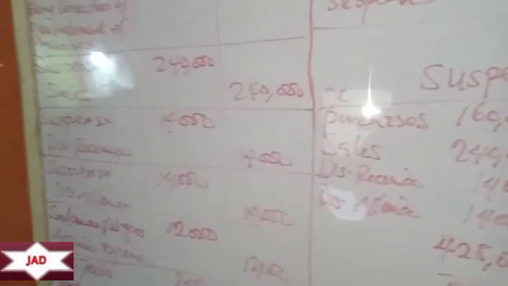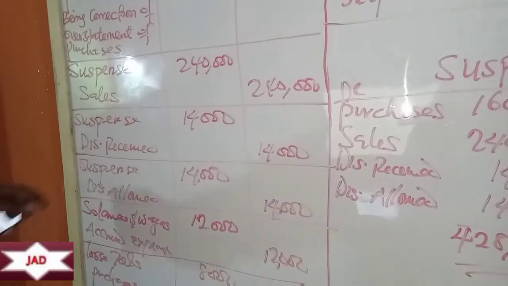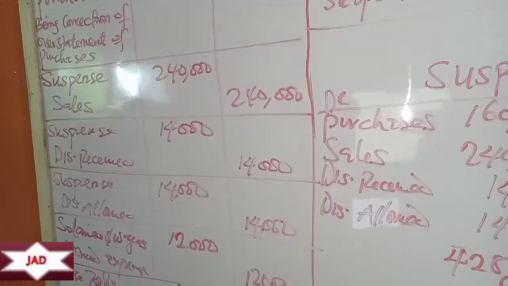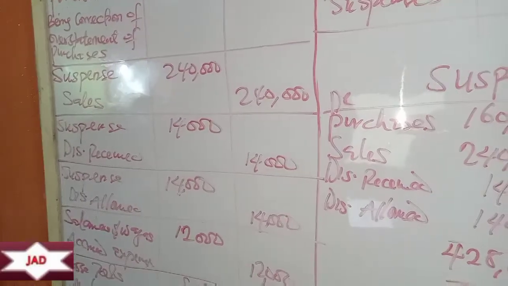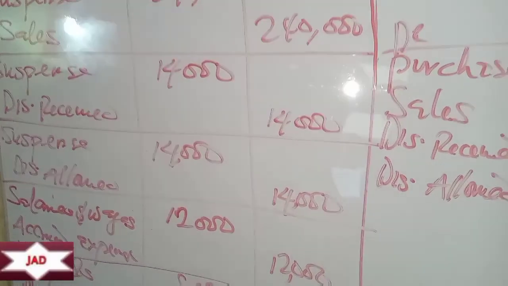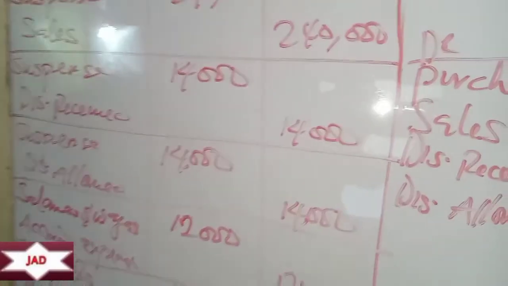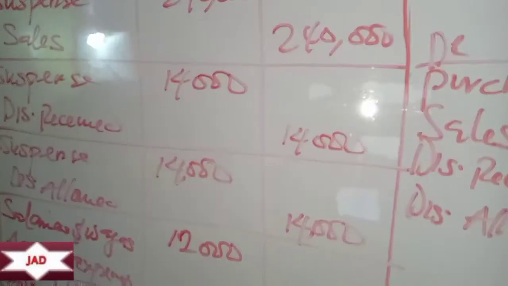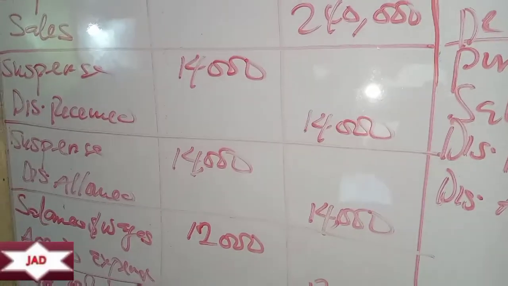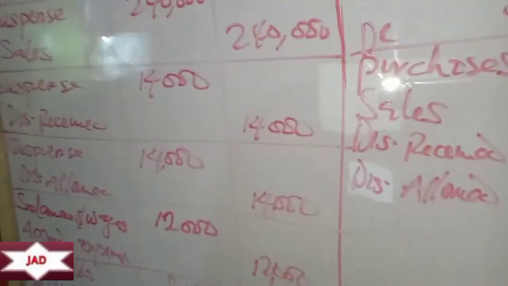So the next one, they said discount allowed here and suspense. So they said discount received of $14,000 has been debited to discount allowed. So now that means that here the discount received was taken to discount allowed.